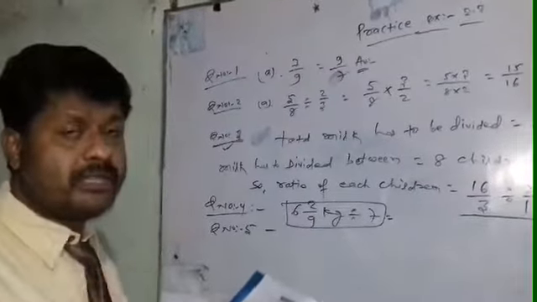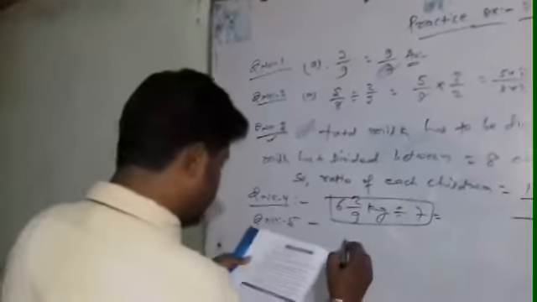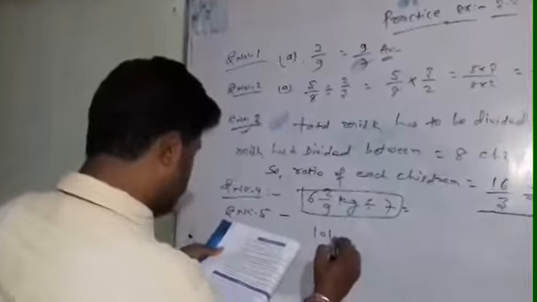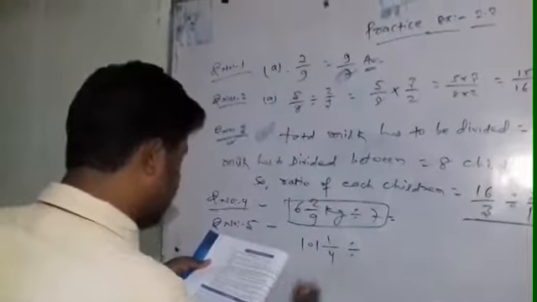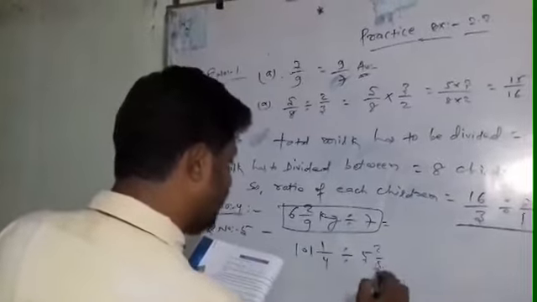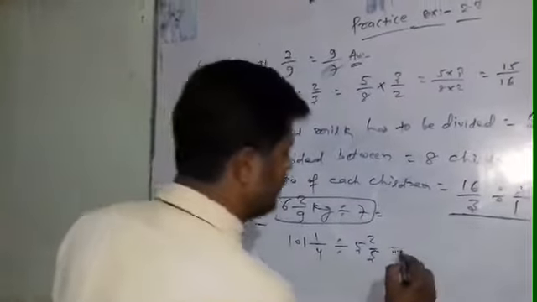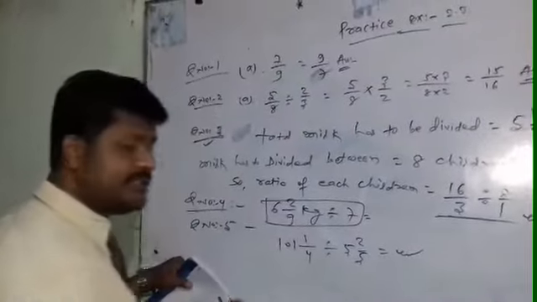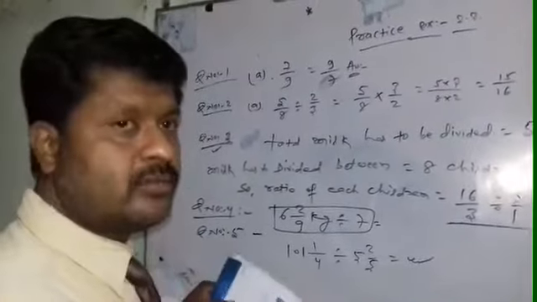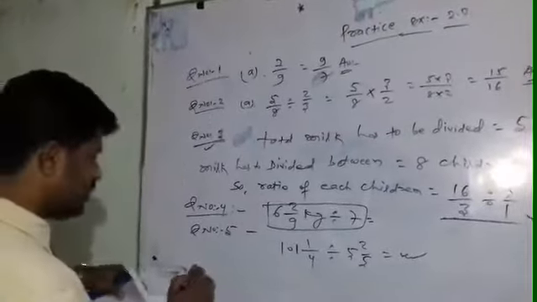This will also be division. That means 101 whole 1 by 4 will be divided by 5 whole 2 by 5, and then you will get your answer. The language must be written in the homework copy. Okay. Question number 6.